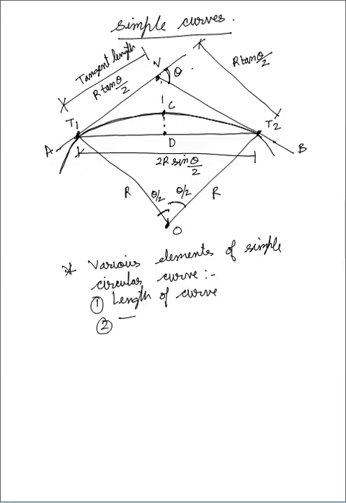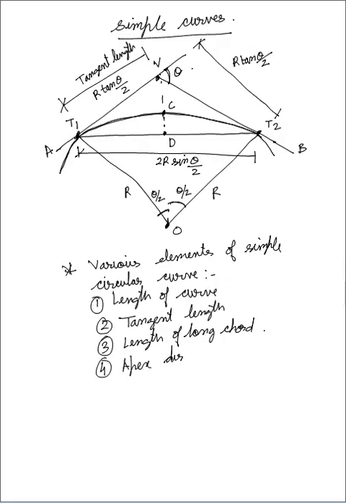Second is tangent length. Right now we saw the formula of tangent length, that is R tan theta by 2. Third thing is length of long chord. Fourth is apex distance. And fifth is mid ordinate.